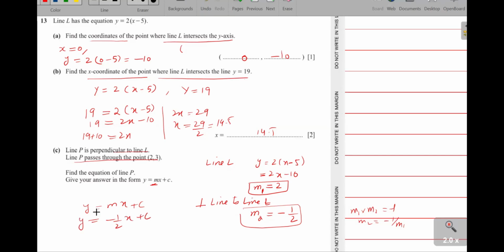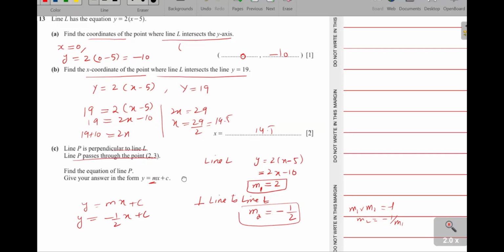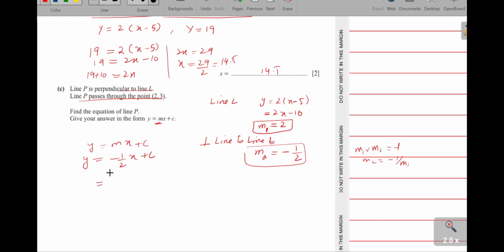And this line passes through the point (2, 3). Therefore, in place of y we write 3, and minus 1 over 2 we write as it is, x is 2, and the 2s cancel, and minus 1 we shift from right to left, it becomes 3 plus 1, and c will be equal to 4. Therefore this equation becomes y equal to minus 1 over 2 x plus 4.